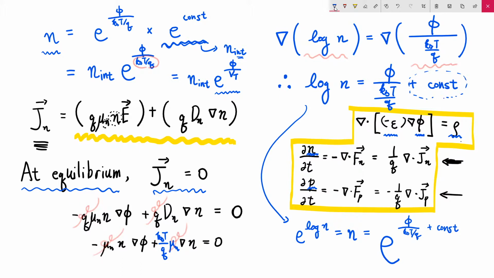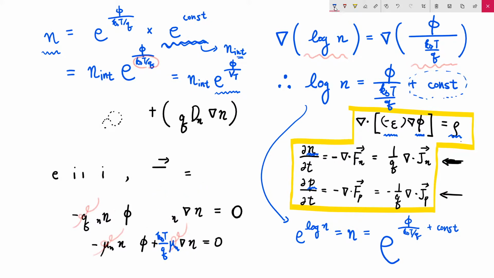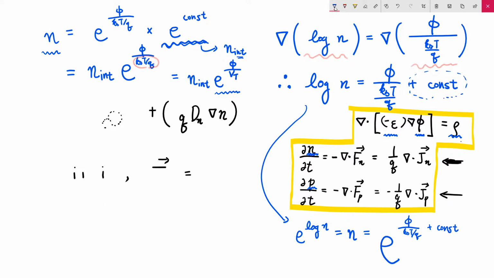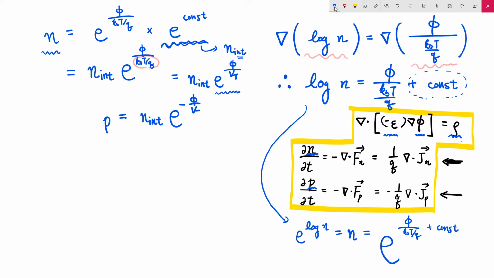Now when you repeat this for our system once again, you will find that the hole density at equilibrium is simply given by the same intrinsic carrier density and exponential of minus phi over Vt.